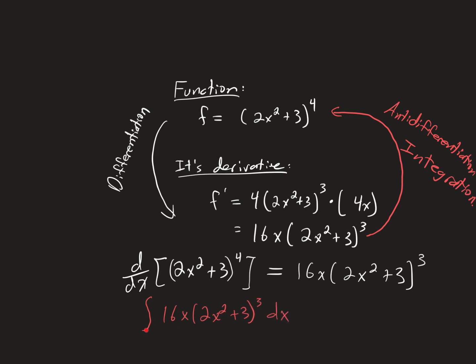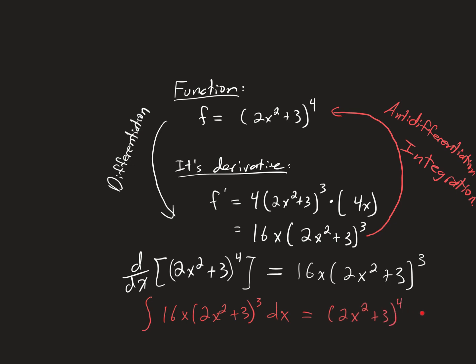This integration sign and this differential here indicate the process of antidifferentiation. So when you see this notation, all it means is take the antiderivative of the thing that's inside, and I know the antiderivative of this function is the quantity 2x squared plus 3 raised up to the fourth.